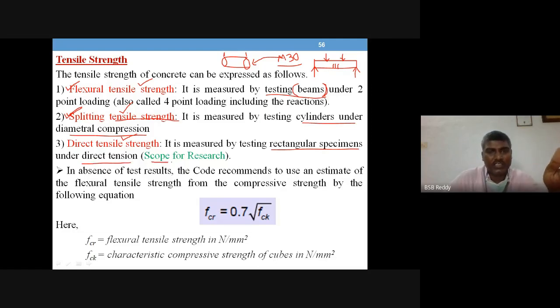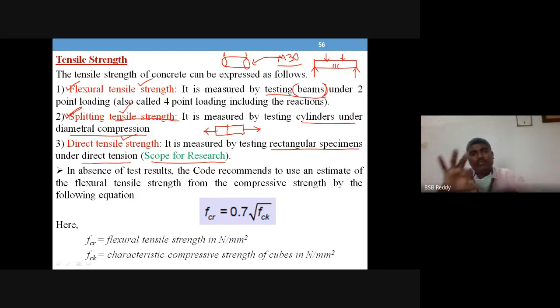So this is still in research mode, where you prepare one member, you put it in UTM and pull it, apply tensile force. Wherever you observe that it is going to fail, the maximum load divided by the cross-sectional area is what is tensile strength. That is called direct tensile strength.